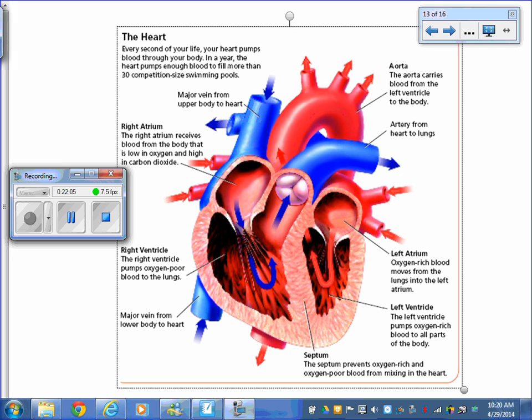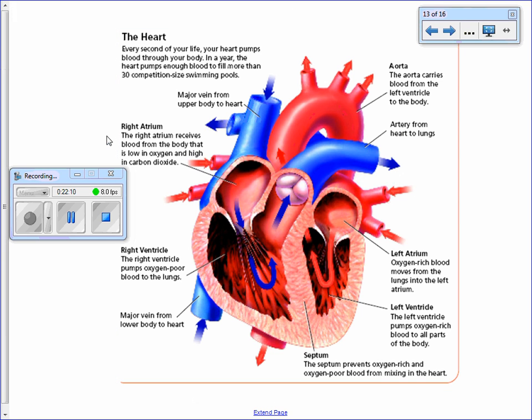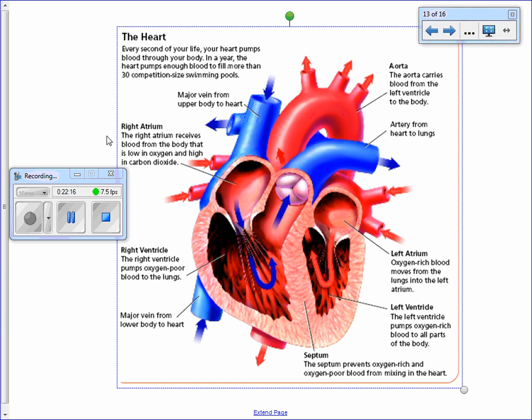It's all the same stuff. The right atrium, the right ventricle, then it goes to the lungs, left atrium, left ventricle, to the body. And so this is a labeled picture from the textbook, and there's a similar picture here on the back of your worksheets, so you can see those side by side.